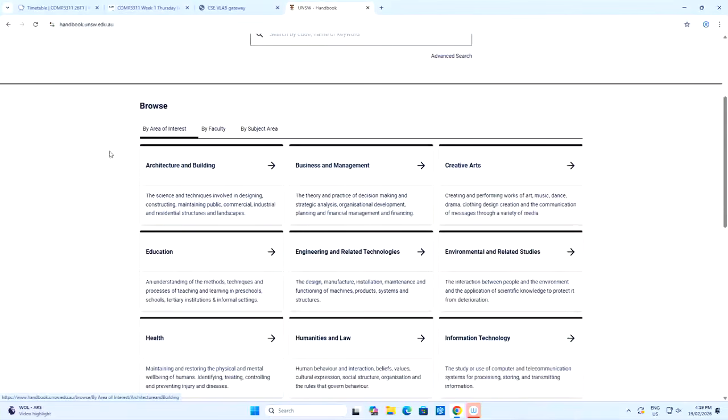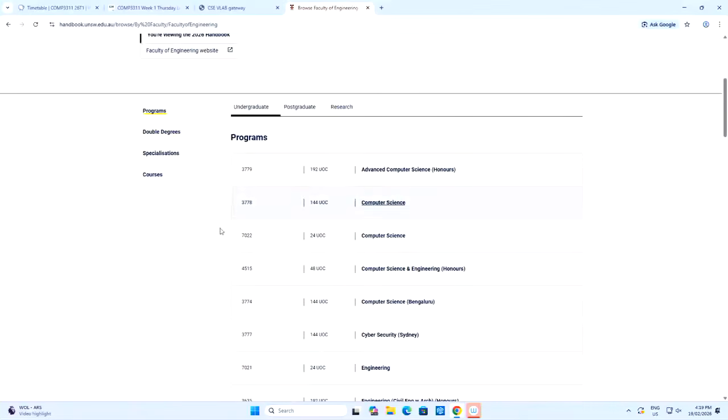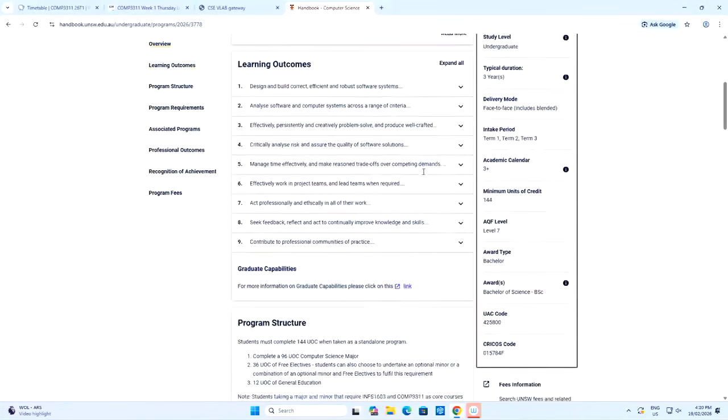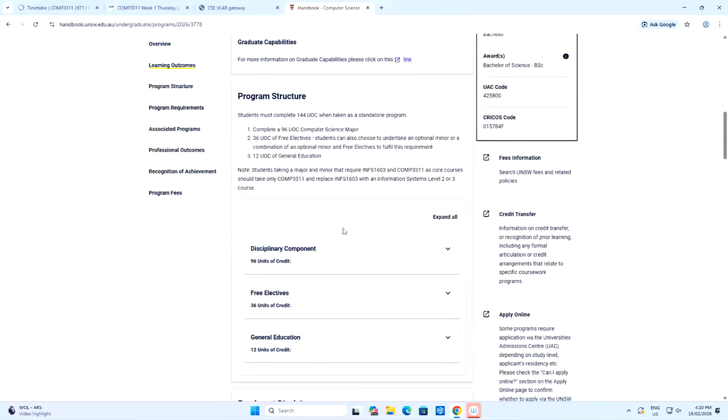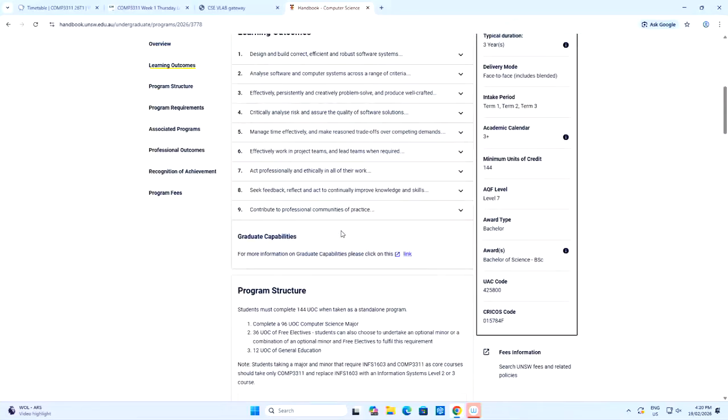And they also have area of interest and the subject area. And our faculty is engineering and computer science, and every bit of detail of this could be an entity in the back end.